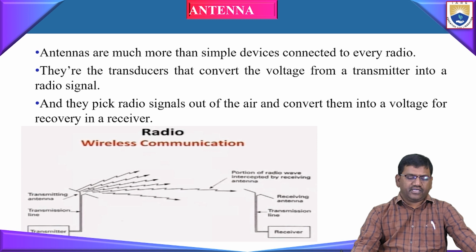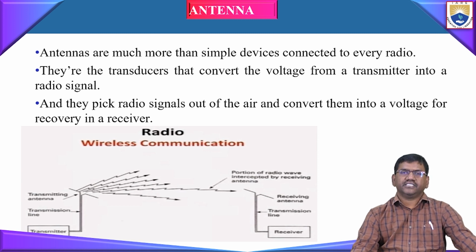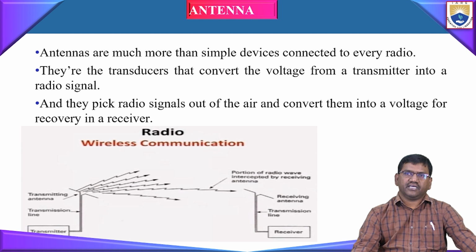In this figure, you can see a transmitting antenna in a wireless communication system. To establish it, we need a transmitting antenna, a generator, a receiving antenna, and a receiver. These are the four devices needed to establish a wireless communication system.